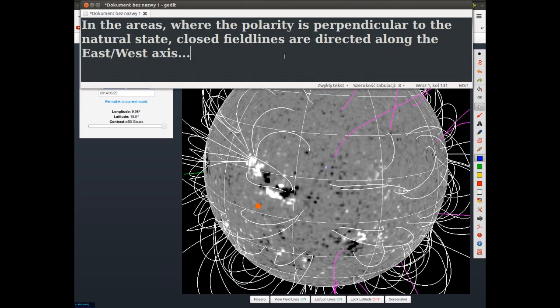In the areas where the polarity is perpendicular to the natural state, closed field lines are directed along the east-west axis.